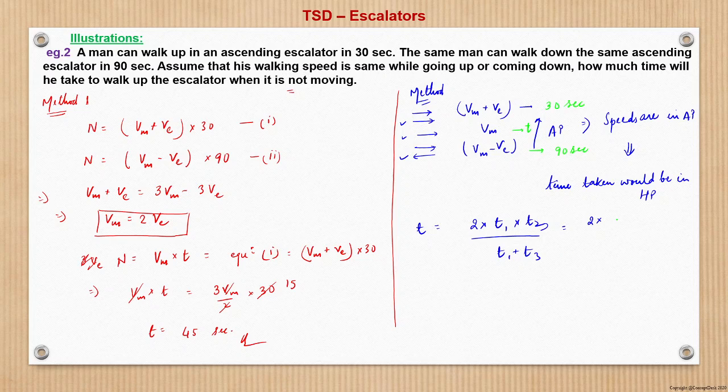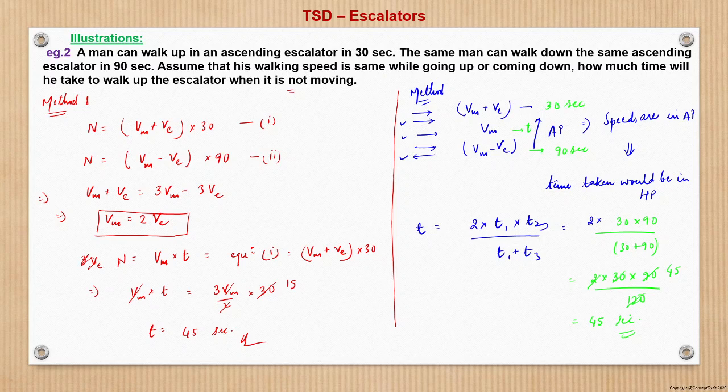So this becomes 2 into 30 into 90 upon 30 plus 90, which is 2 into 30 into 90 upon 120. Effectively we get 45. So this is a much easier and very smart way of solving this question.